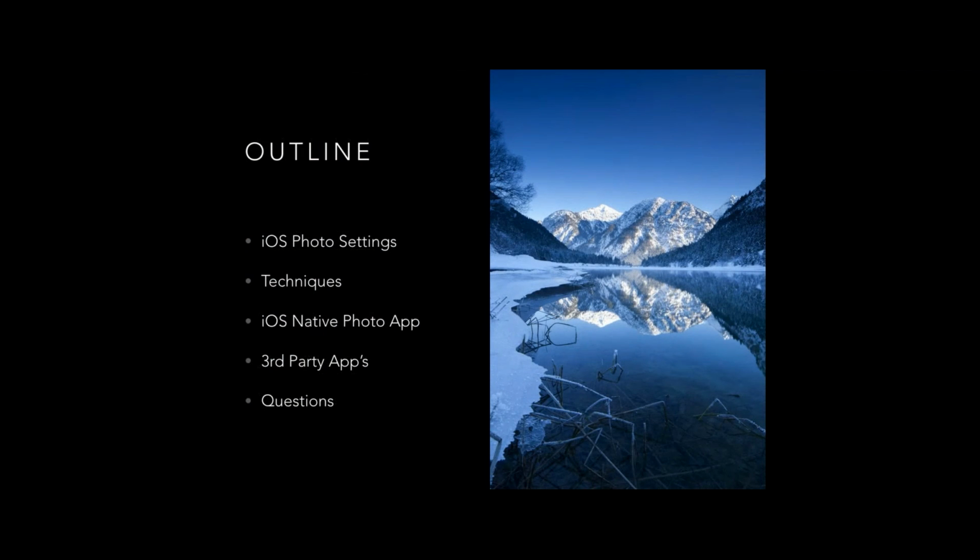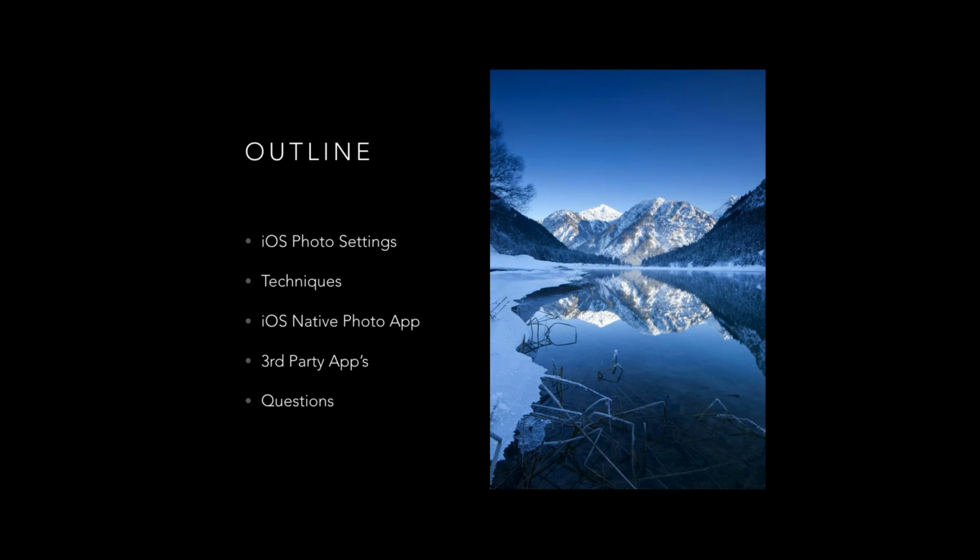So, some of the things I'm going to talk about is the iOS photo settings on your phone. Again, this is specifically for iPhone. Not all the options that you're going to see here today might be available for you depending on the device you have. I am going to be using an iPhone 10 here today, which has dual cameras.